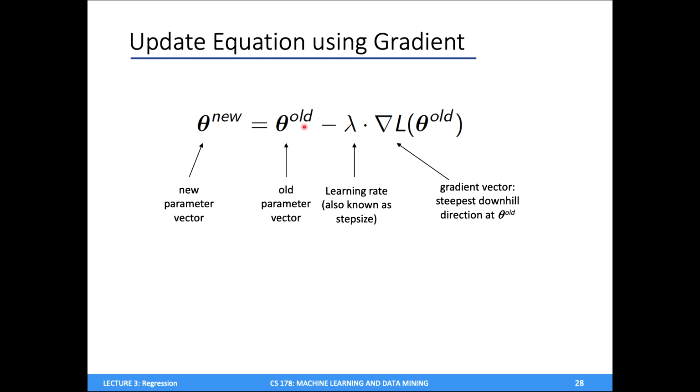So we start with some value of theta and move downhill, where lambda controls how far we move in that direction. There's some nice theory that tells us if we choose our step sizes wisely, we're guaranteed to converge with this algorithm to at least a local minimum of our loss function.